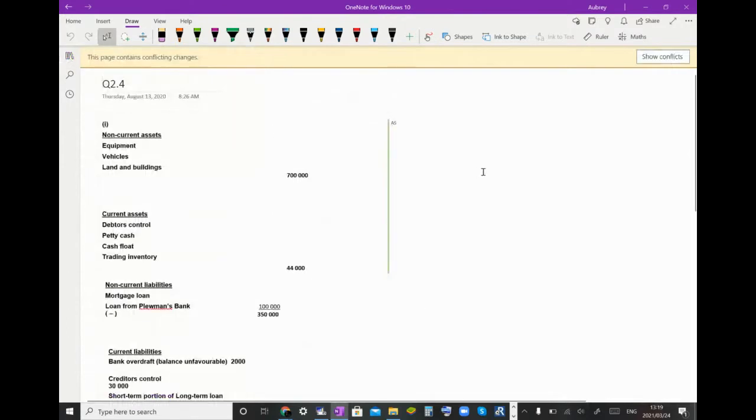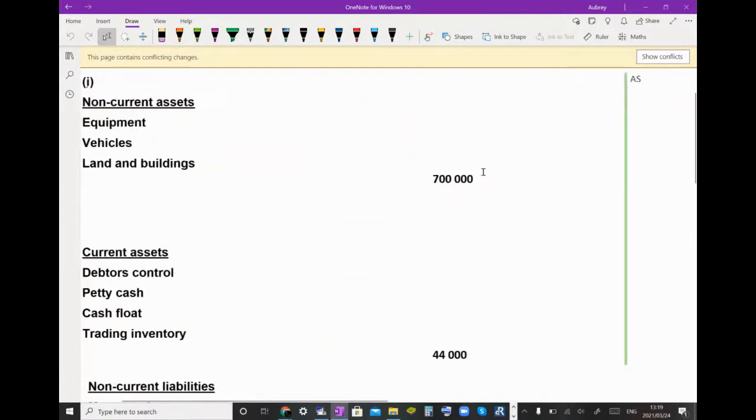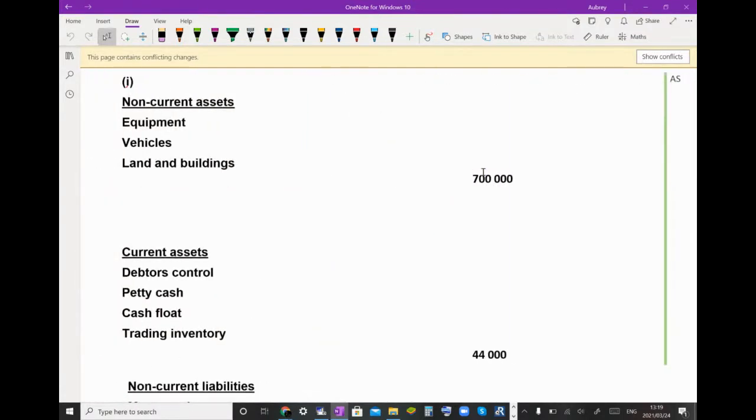For 2.4, here we were basically just identifying. Let me zoom in. Okay. So here the job was simple.